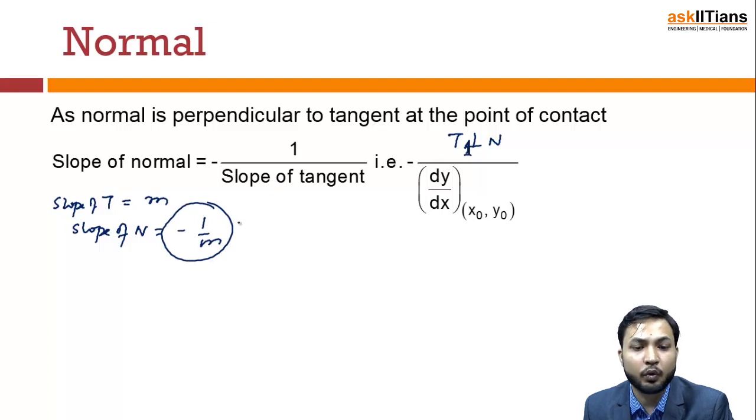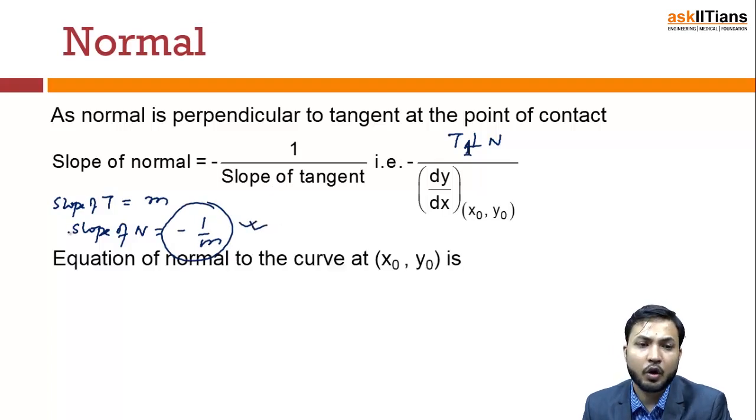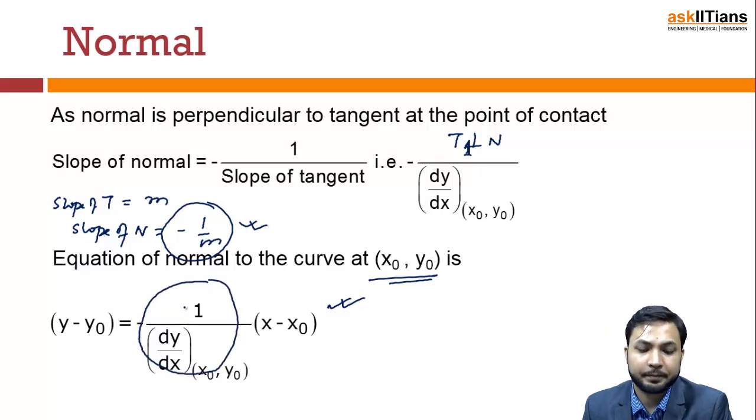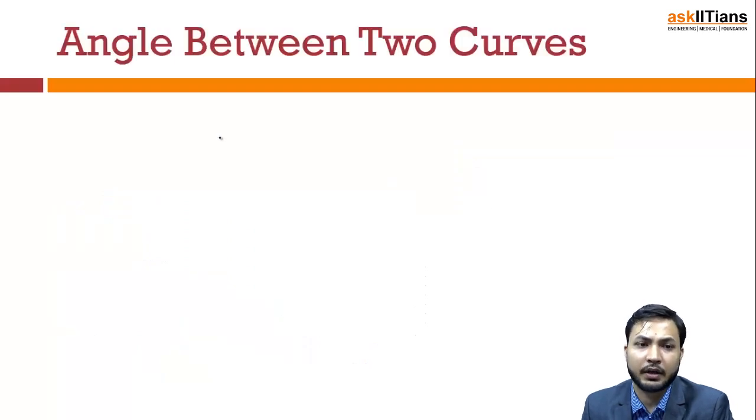So using this only, I'll take out the equation of the normal, as in the previous question. Now the equation of the normal hypothetically becomes this one.